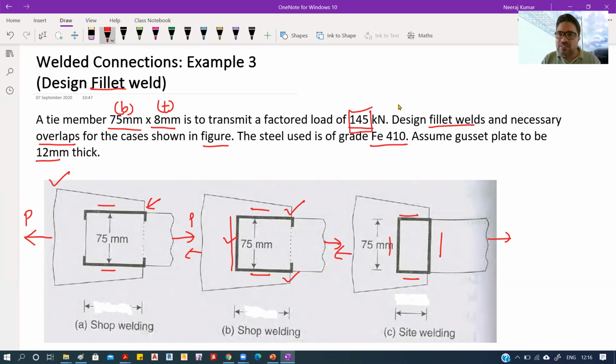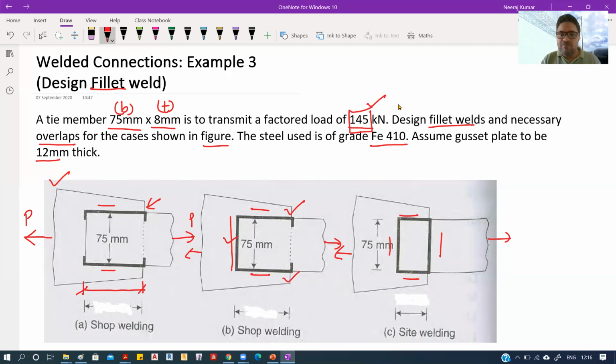And while providing the length of weld, we are supposed to find out how much overlap of tie member and the gusset plate will be required to carry this much load.